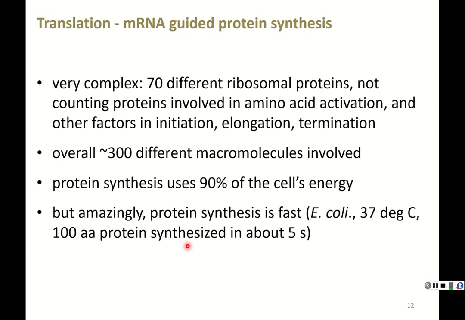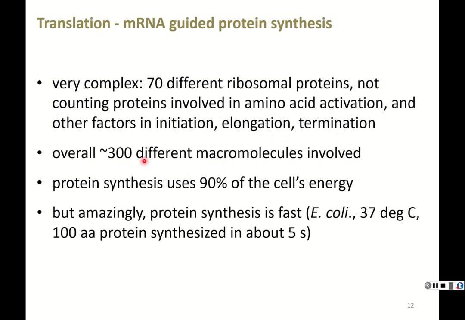Translation is really mRNA, messenger RNA, guided protein synthesis. It's very complex. It's said that there are about 70 different ribosomal proteins, and that's not counting those involved in amino acid activation or other factors that do initiation, elongation, or termination.